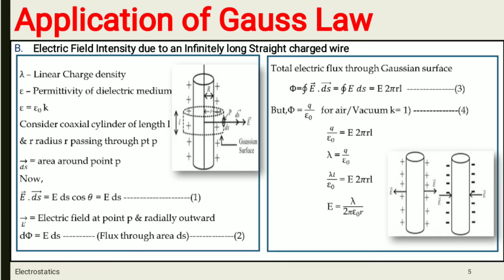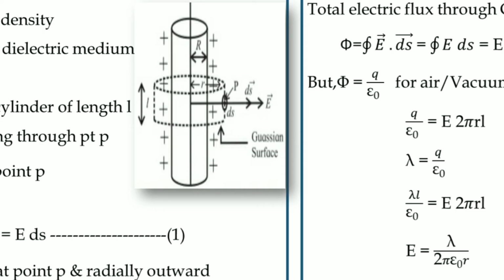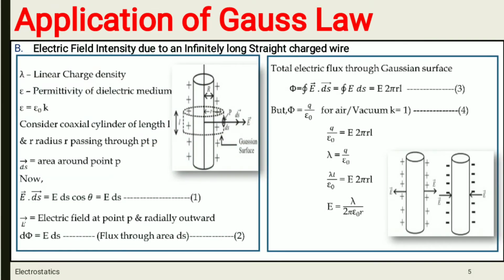Okay, now consider a coaxial cylinder of length L and radius R passing through point P. Right, so here we have considered one cylinder, or you can say Gaussian cylinder, which is coaxial. Coaxial means the wire and the imaginary cylinder both have the same axis; that is called a coaxial cylinder.